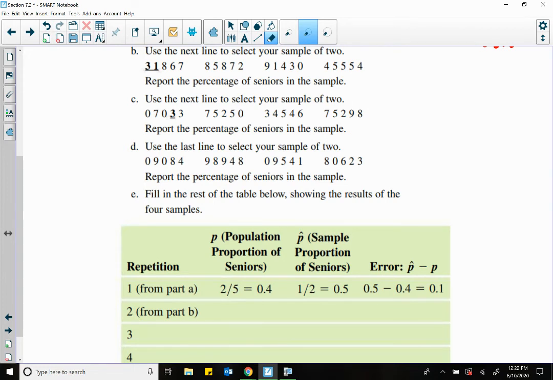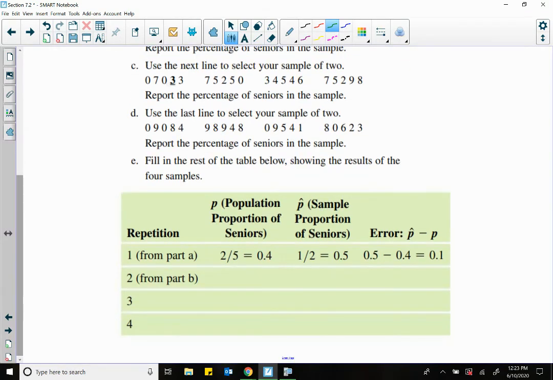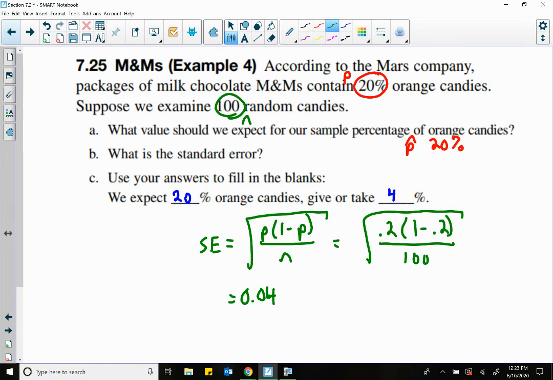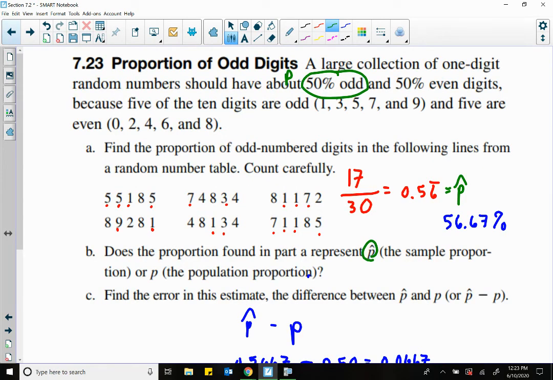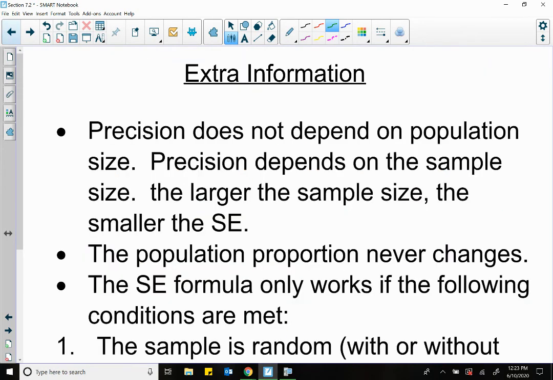Okay, so finishing this up. In part B, you can see what was chosen here, 3 and 1. So how many 4s and 5s are there? There are none. So that's 0 divided by 2, which is 0. So down here, as we talked earlier, remember population proportion, it never changes.